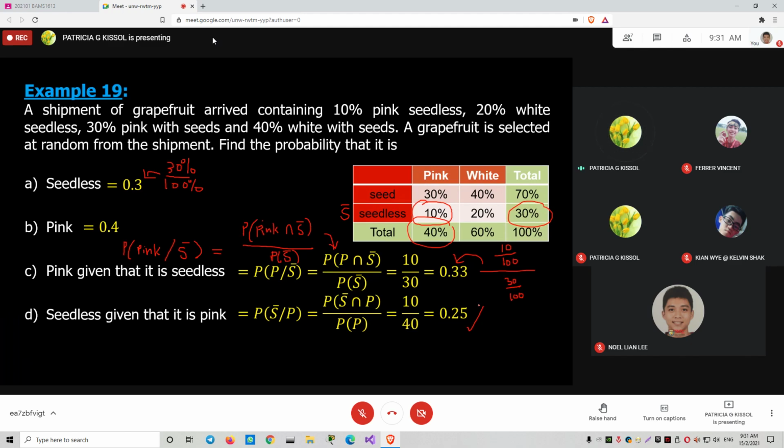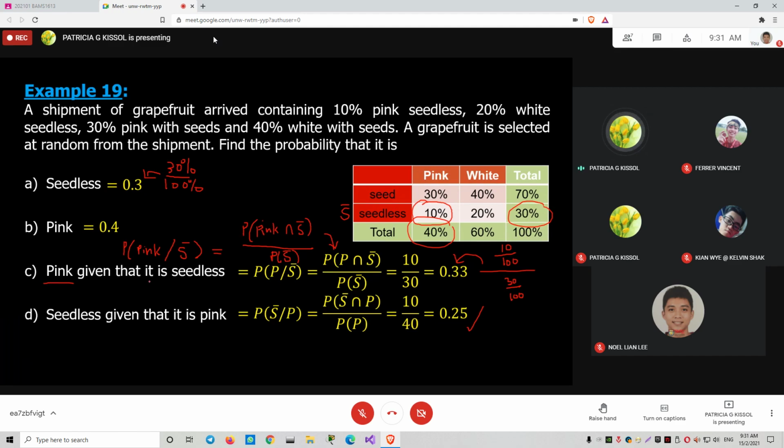So the point is, class, you have to read the question carefully, and identify what probability we want and what the given value, the condition stated in the question, is.